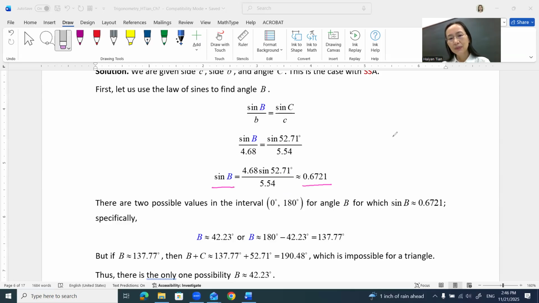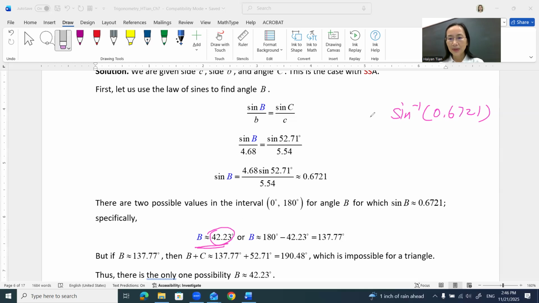We know that the capital B can be an acute angle, so if you use the sine inverse of 0.6721 with your calculator, it will return an acute angle, which is approximately 42.23 degrees. So that's one possibility.